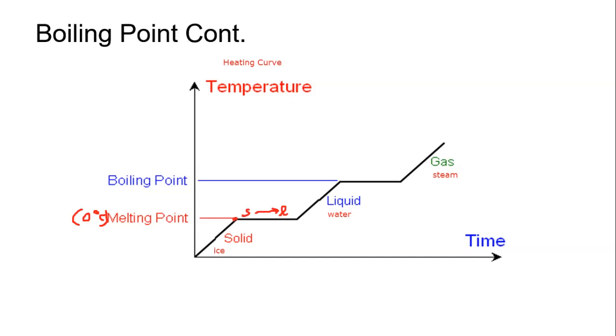Now, once all the solid has been converted into liquid, it increases in temperature as you add more heat to the water until you get to the boiling point. So the boiling point for water is 100 degrees Celsius.